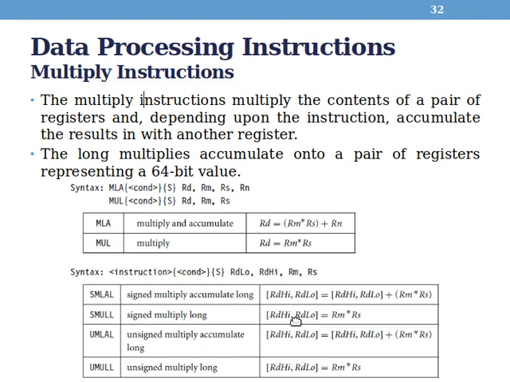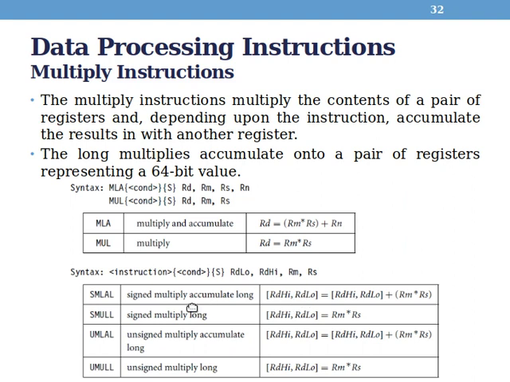The syntax is given as RdLo and RdHi. These are the two destination registers which hold the 64-bit result. The higher 32 bits are held in RdHi, and the lower 32 bits are held in RdLo. It is normal multiplication itself.